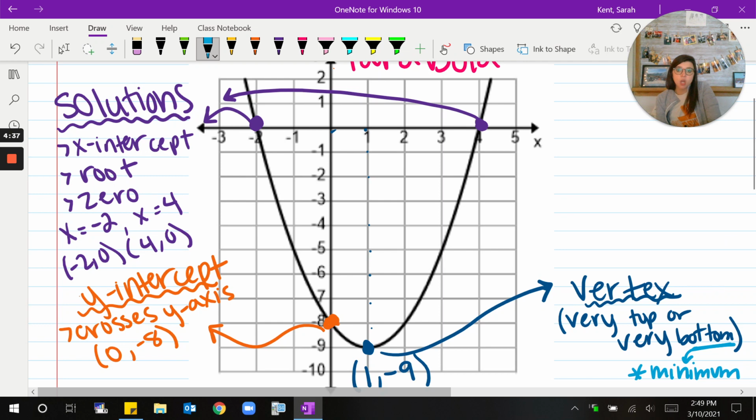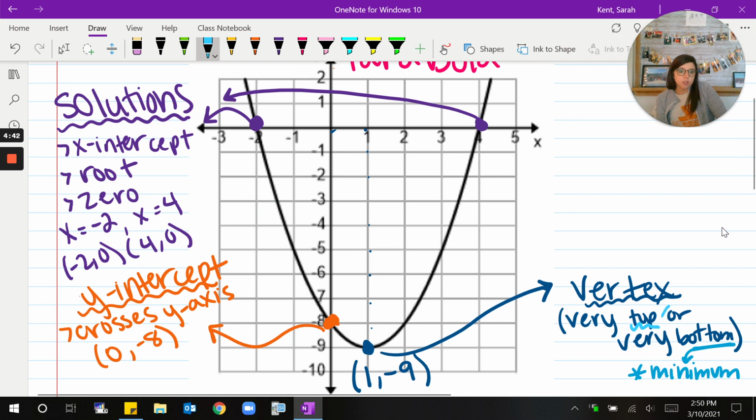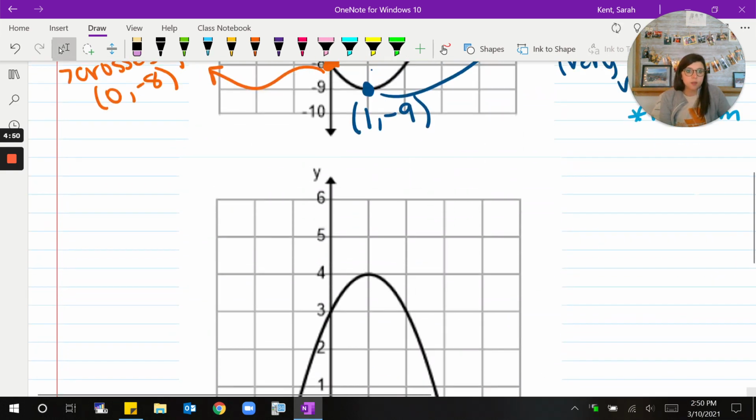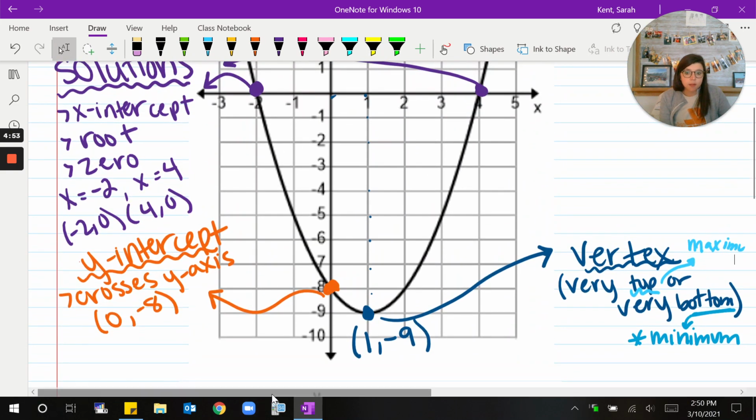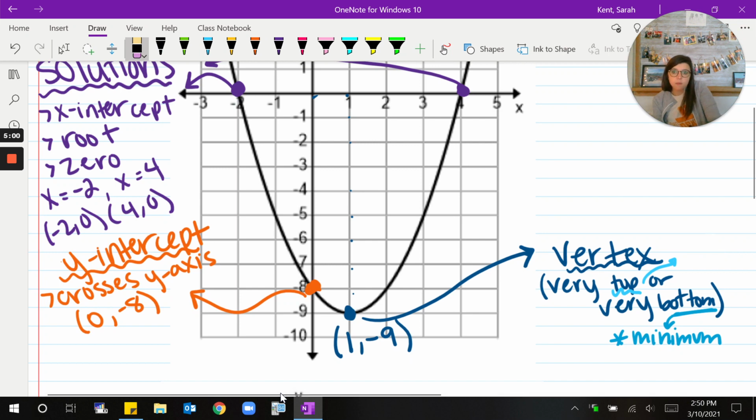If it were at the top, it would be called a maximum. Let me see if I can write this clearer for you. So in this example, we have a minimum because it's the bottom of the graph.